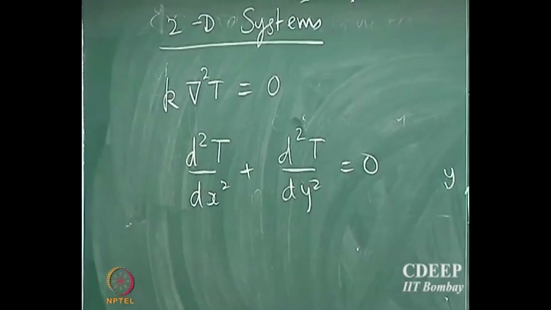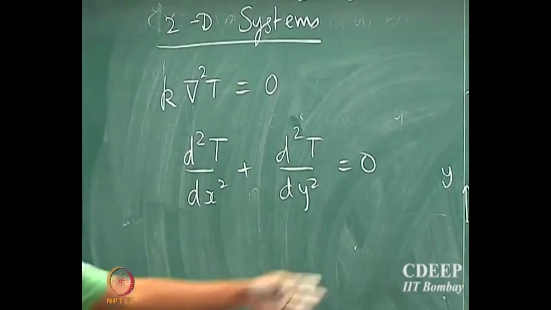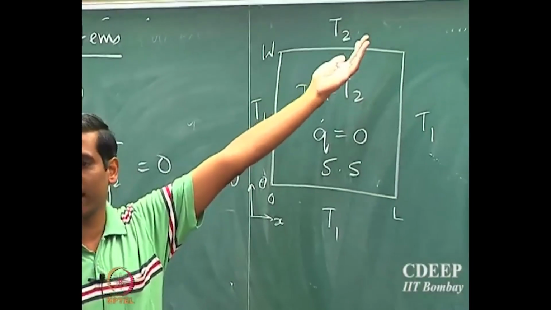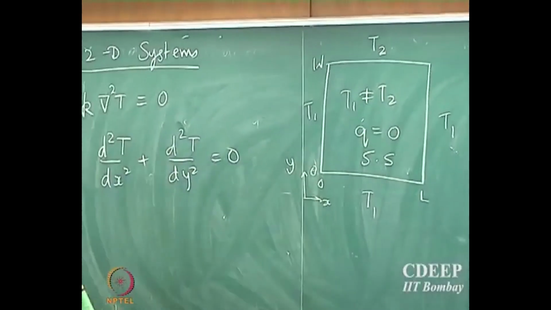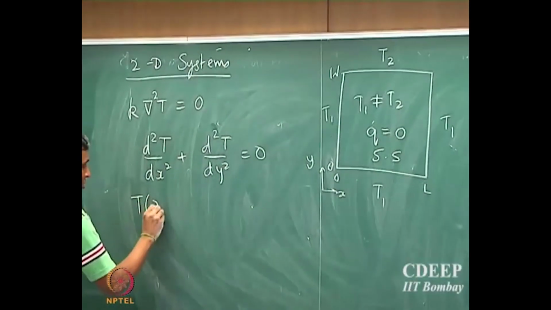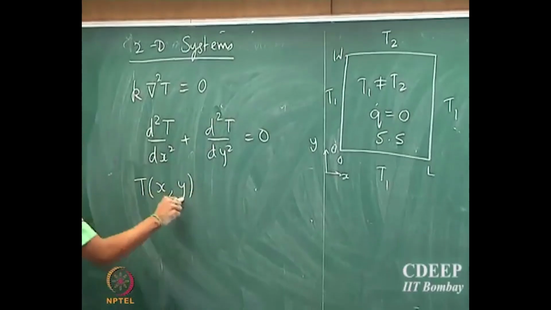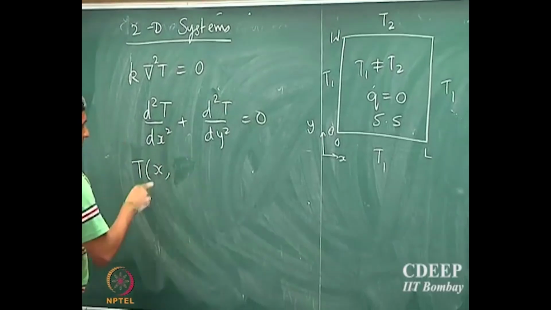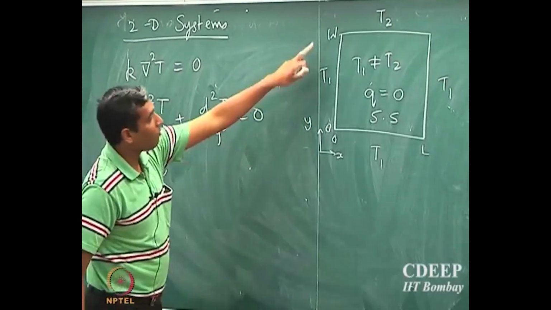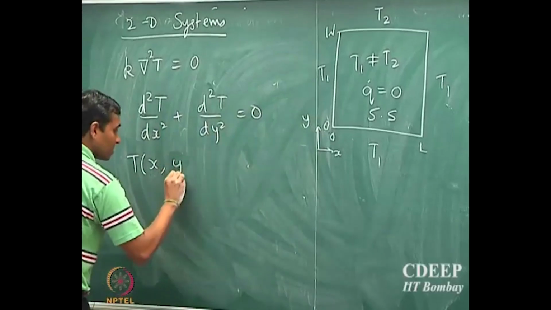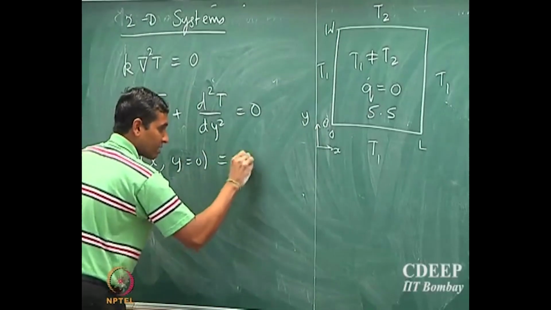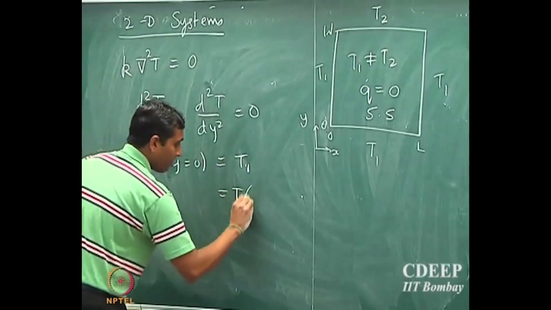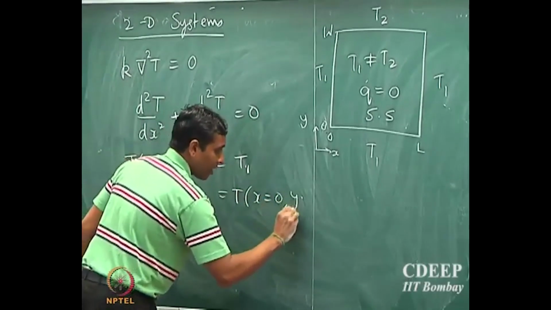That's the model. What are the boundary conditions? Very easy. I've specified the temperatures. There are 4 temperatures on 4 boundaries, and that's going to be the boundary condition. Using x and y as coordinates, T of x comma 0 is T1, and that's also equal to T of 0 comma y.